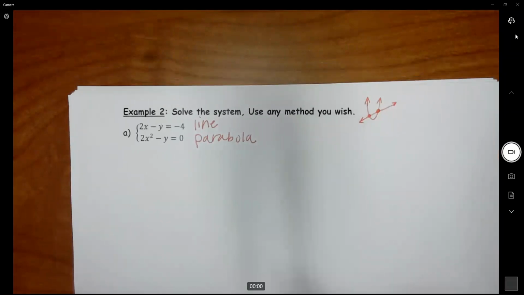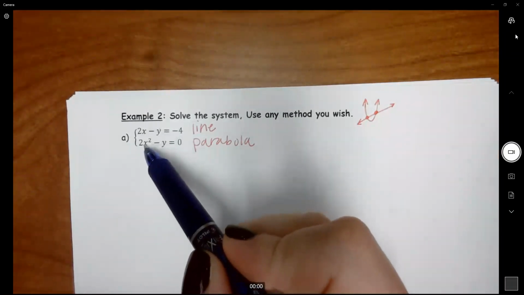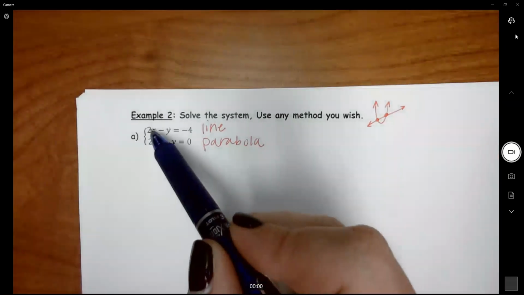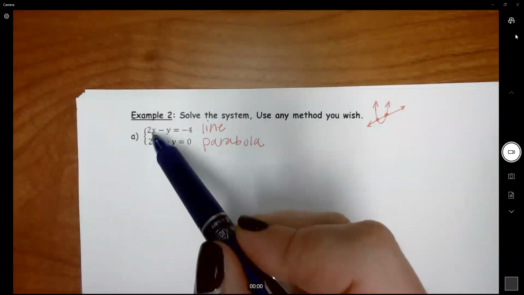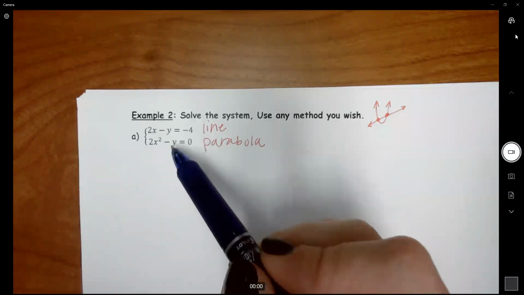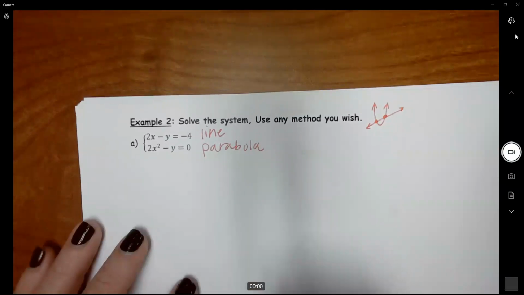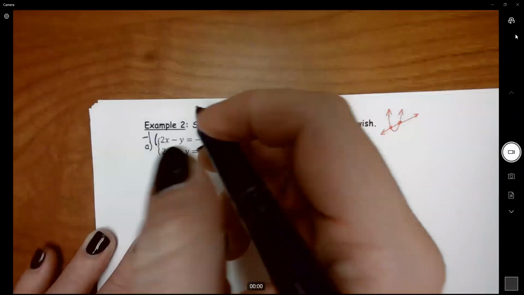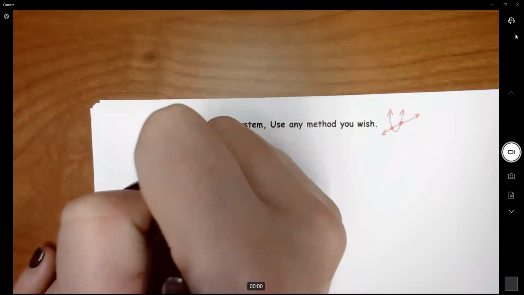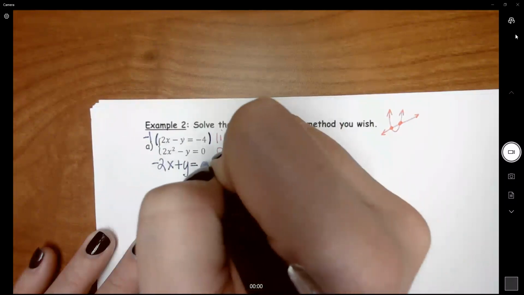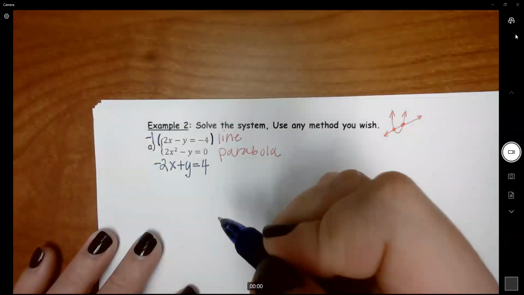Okay, but if you notice here, you have an x and an x squared. You cannot ever eliminate those. They've got to have the same term, and those do not have the same term. They're not like terms because one's squared and one is not, but I can cancel out my y's. So if I multiply this top one by -1, I get -2x plus y equals 4.